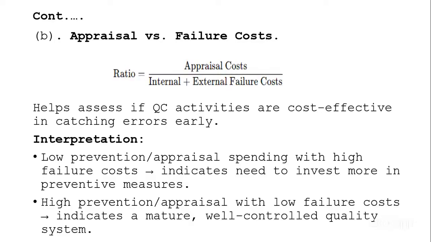So how do you interpret this? Low prevention or appraisal spending with high failure costs indicates need to invest more in preventive costs. Okay? So high prevention or appraisal with low failure costs indicates a mature and well-controlled quality system.